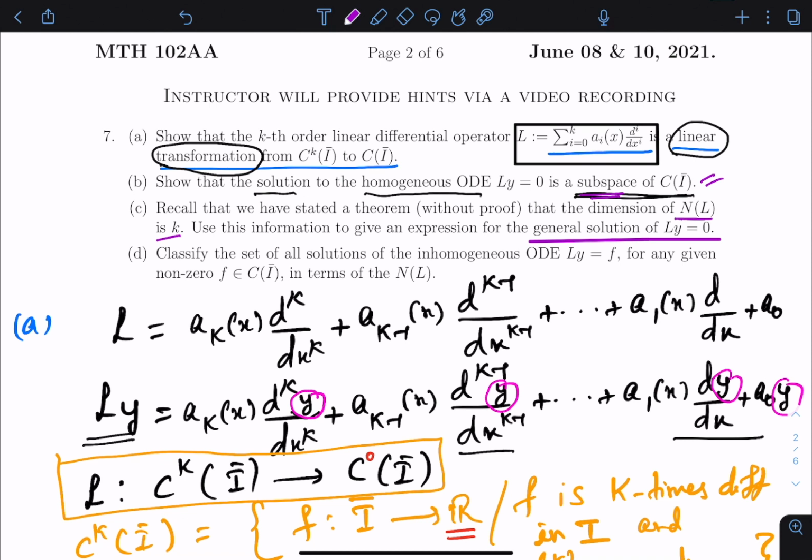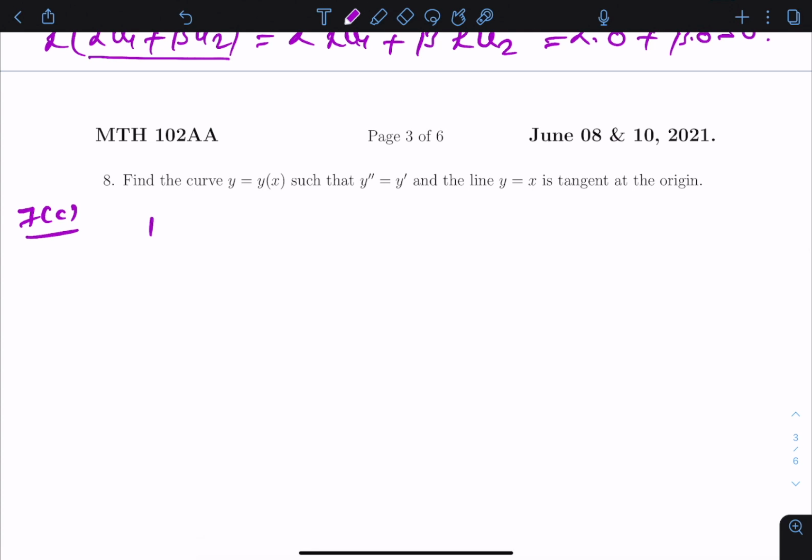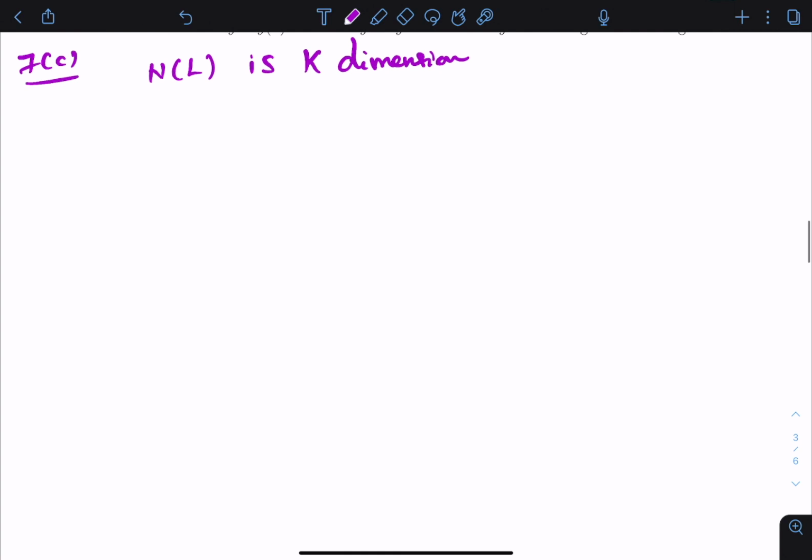So if the solution space is k dimensional, what is the general solution? If NL is k dimensional, right? That's the theorem. Then NL will have a basis, right?